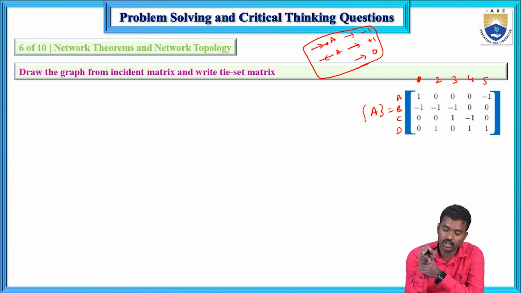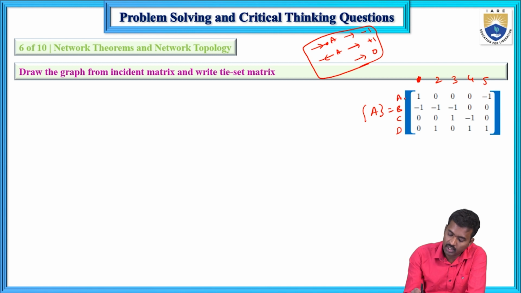If they give the incident matrix, then you can draw the graph. Now from the A node, this one is branch 1.